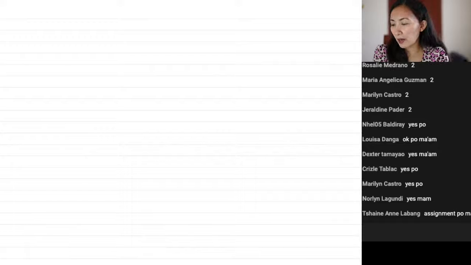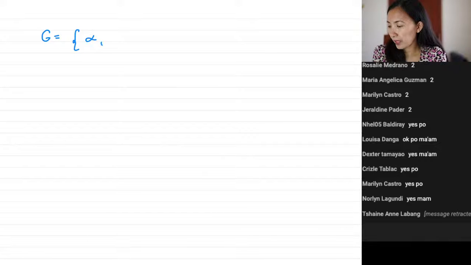Instead of S sub 3, I will be using G muna to mean that it's a group. Because in the previous discussion anyway, we have verified that this is a group. Kaya nga ang tawag natin ay permutation group. So, set G consists of the elements alpha, beta, na yun. Let's insert natin yung image.